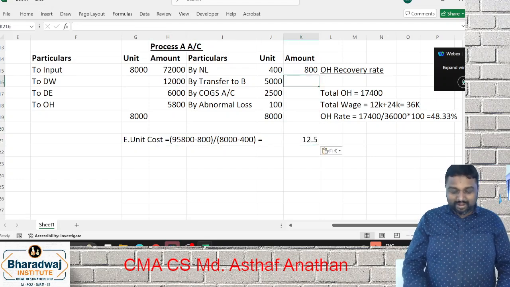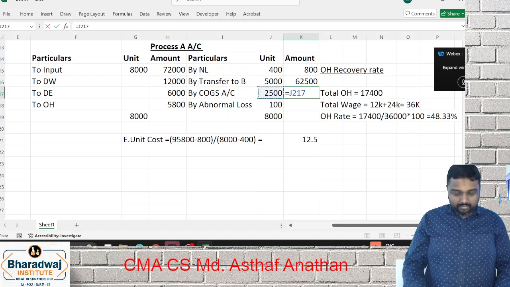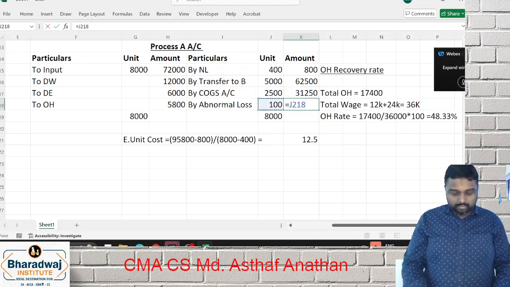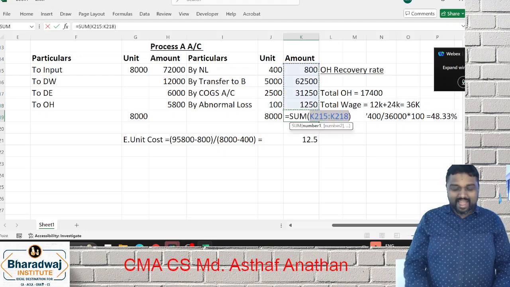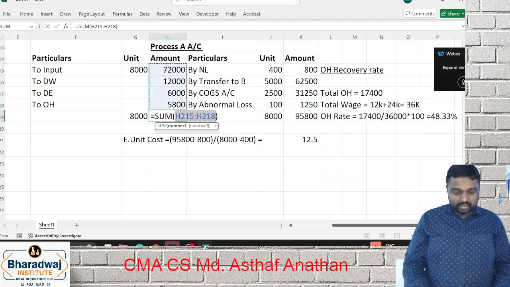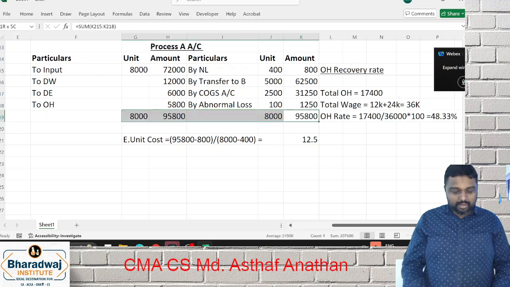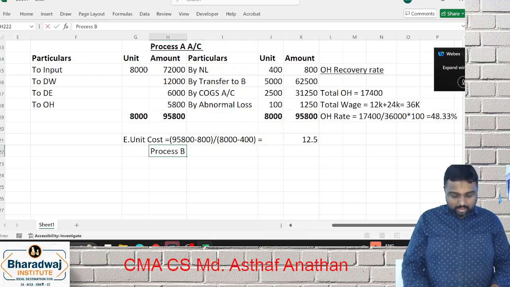You will get 12.5. If you have done it properly, it will be tallied. Now you can go forward.